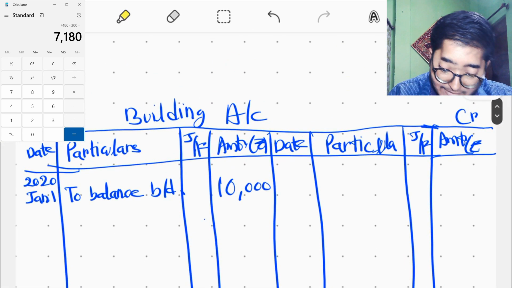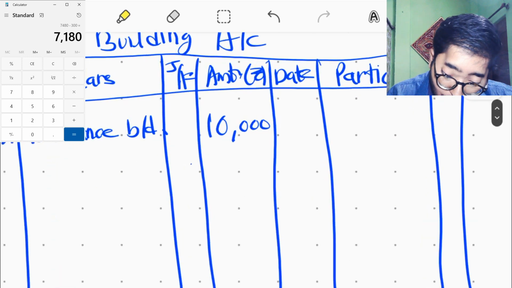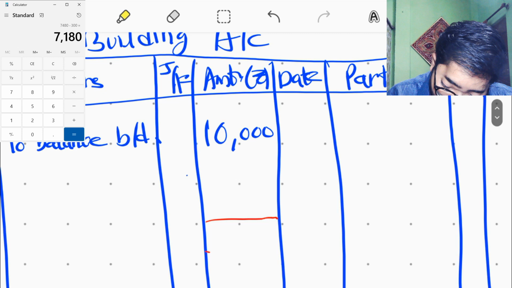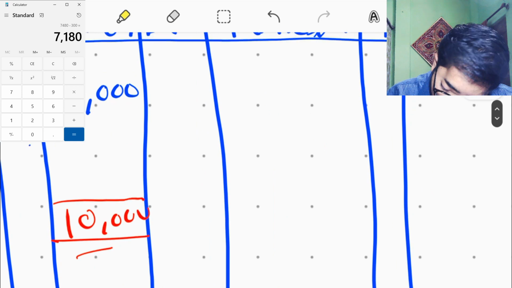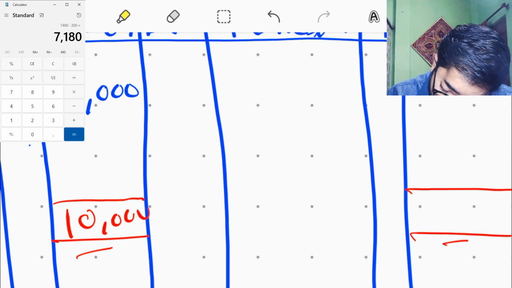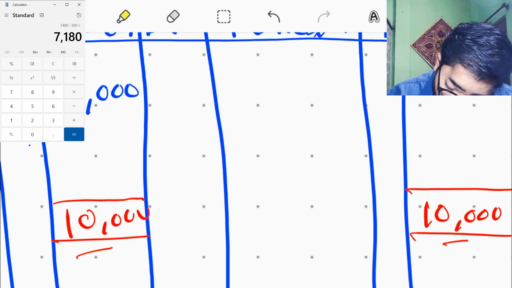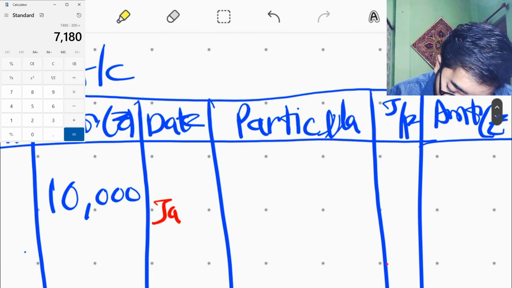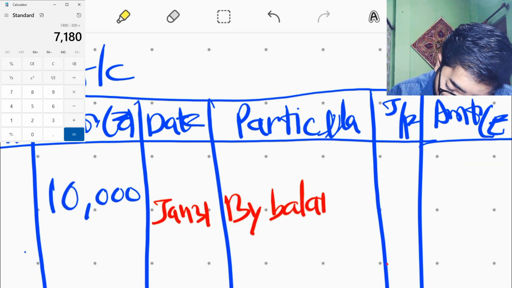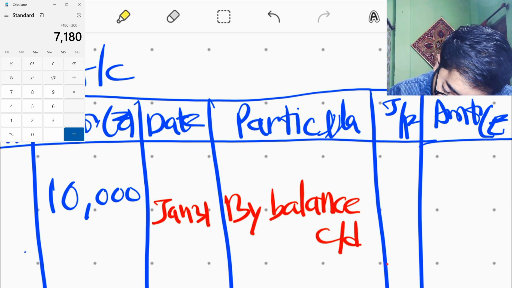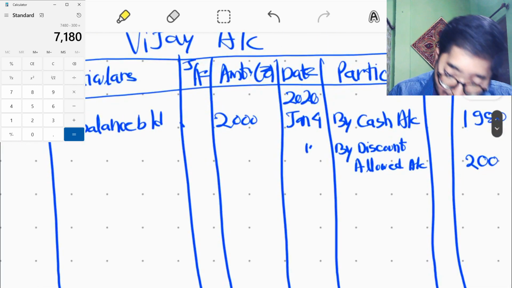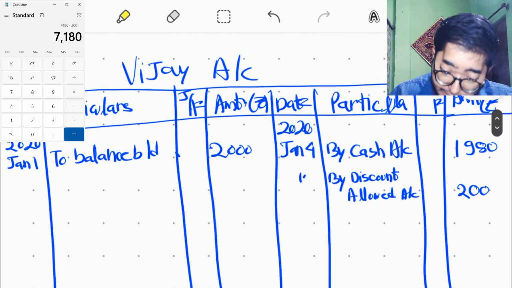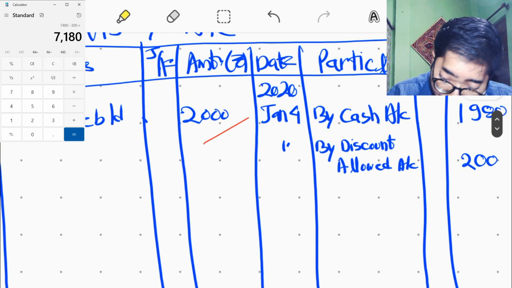Moving on to our next account, building account. We are now closing the building account. Next, we need to close the Vijay account. 2000 this side, 2000 this side.